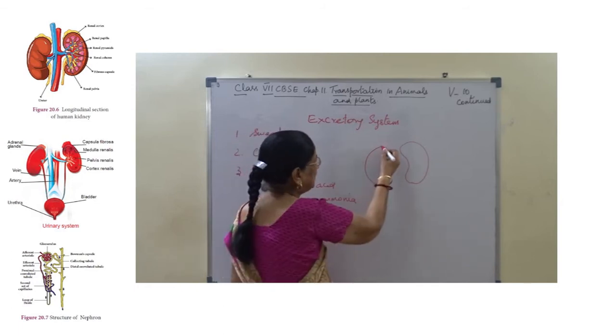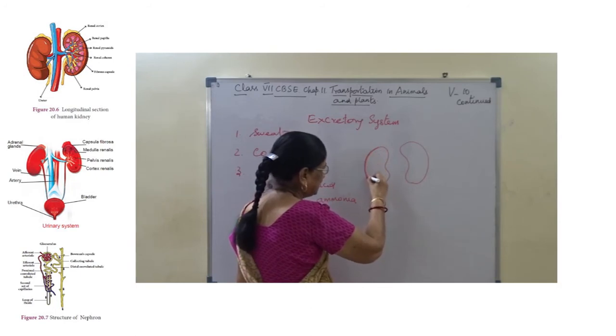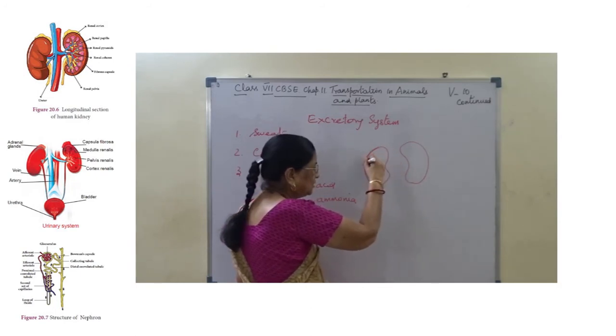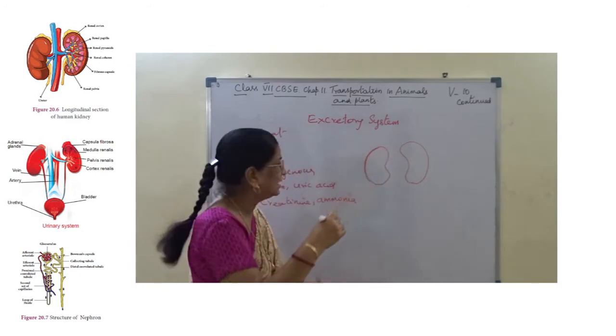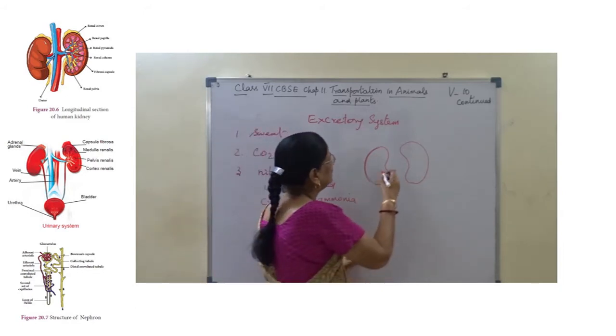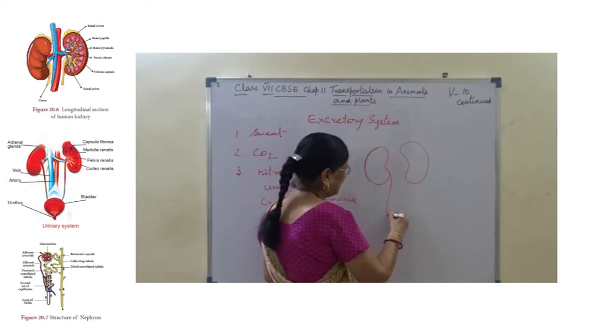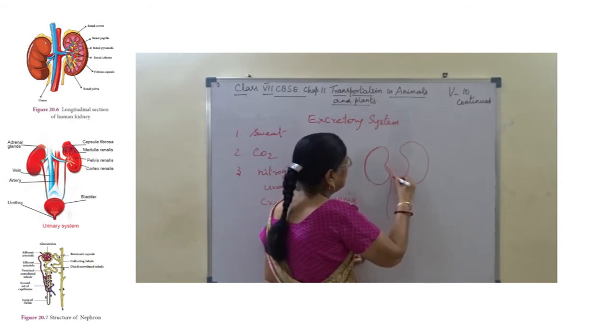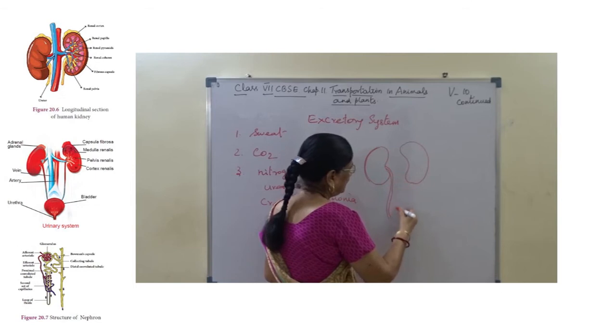The outer layer is thin in nature and the inner layer is thick in nature. And then from the kidney a tube emerges, called the ureter.